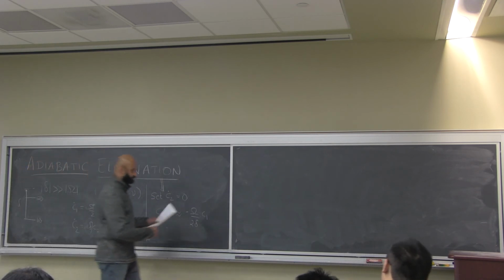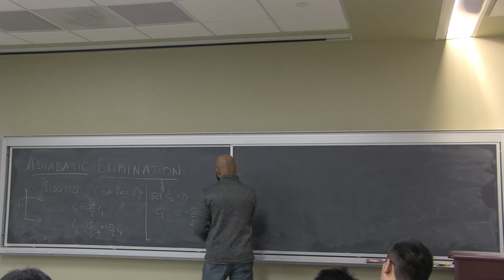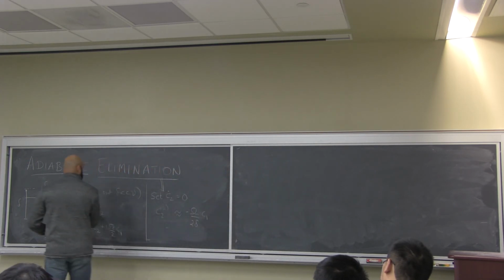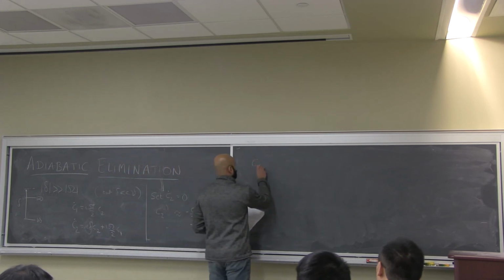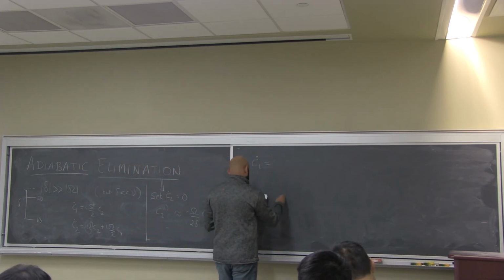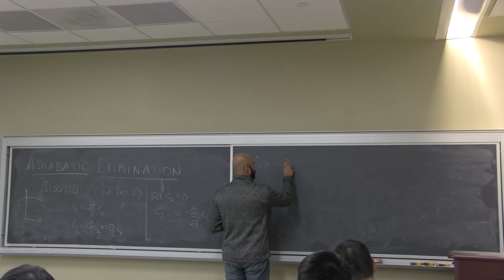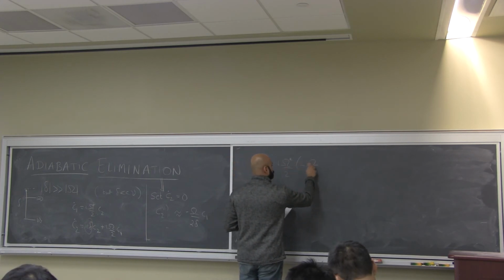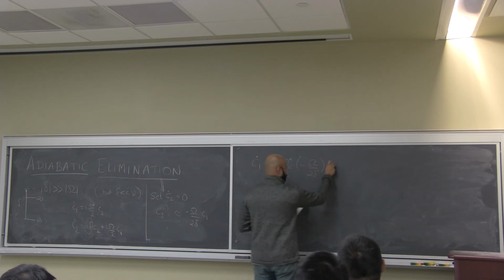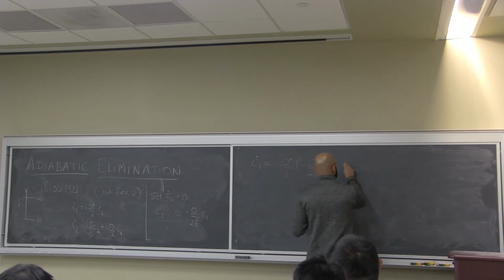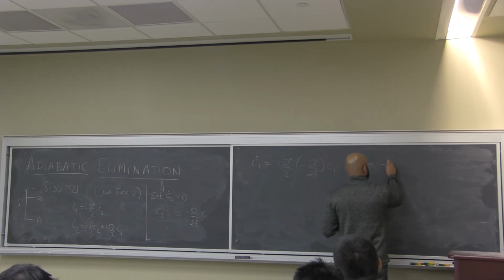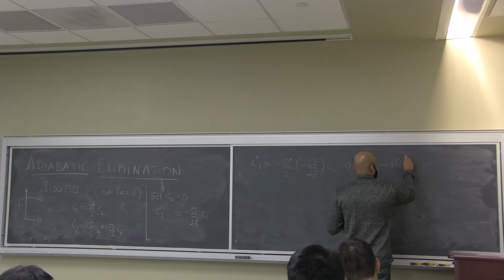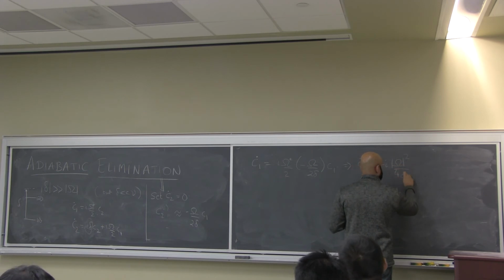Now what is going to happen to C1 now? I put this C2 back into this expression over here, the first equation. Okay? So C1 dot, which is what I want to find out because that determines the dynamics now of the entire system, is going to be just a simple equation, which is C1 dot is approximately minus i omega squared divided by 4 delta times C1.